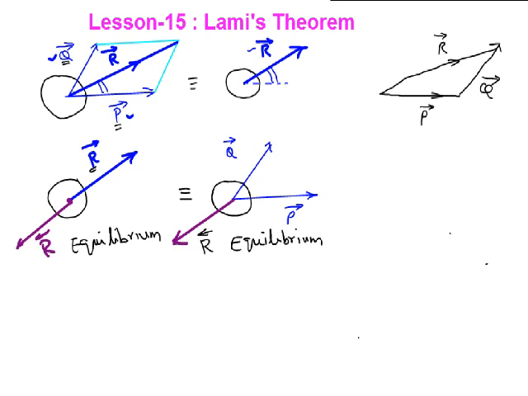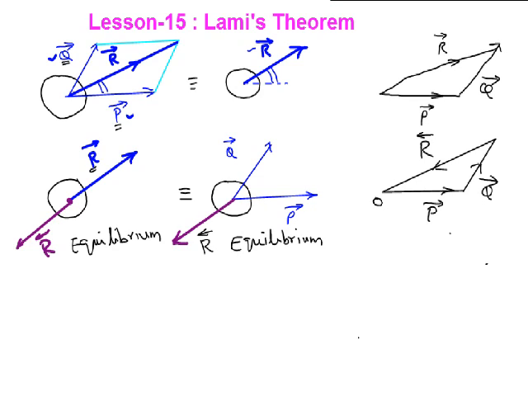And if we try to draw the force polygon, you have one force P bar, from the head of which you draw another force Q bar, and from the head of which you draw another force R reverse. This is forming a closed triangle.